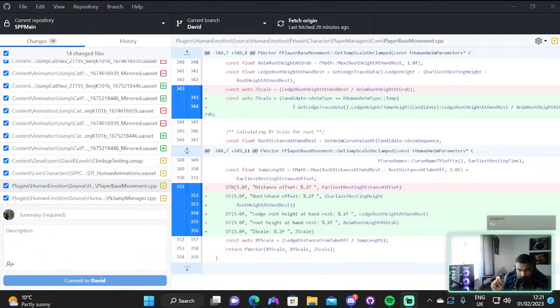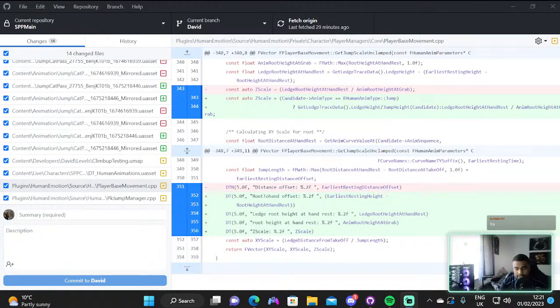Now, the problem we're having is when we do it this way for the hand plant and the vaults, because we don't just scale up to the point of the hand rest, we scale the entire way through. The scale we calculate is for the specific time between jump and hand plant, to get it so the hand plant is at the wall height.